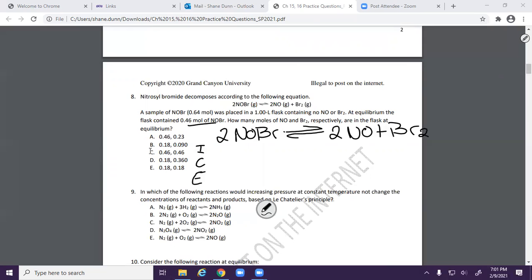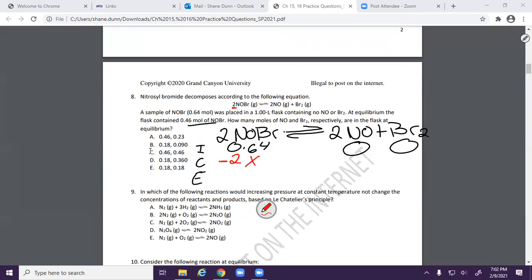So initially, I have 0 of this, 0 of this, and I have 0.64 of this. Change, I lost some stuff, right? What's my change going to be? Positive or negative for reactants? Negative. Is there a number right here? A 2. Good. Do I know how much I have theoretically yet?